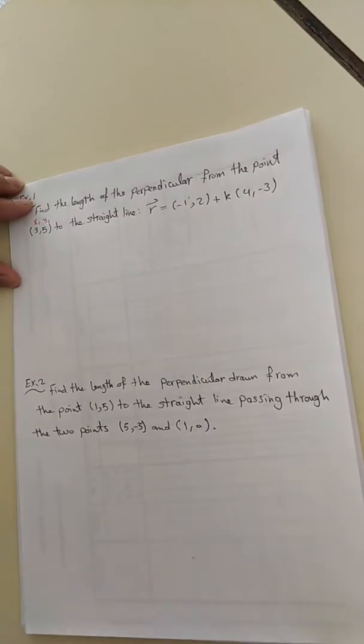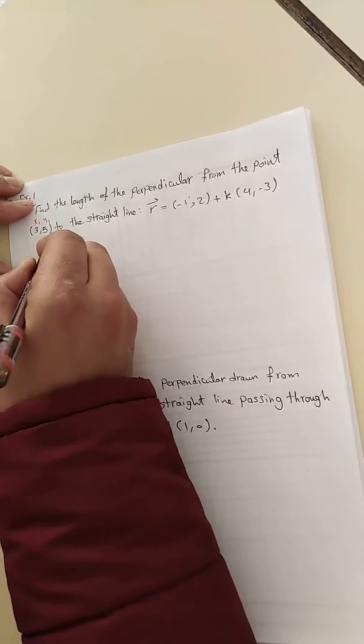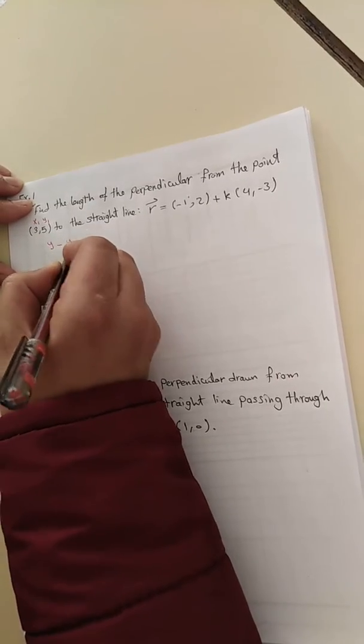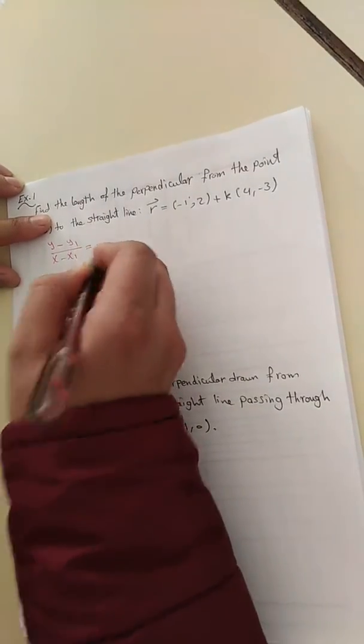We studied before that (y minus y1) over (x minus x1) equals the slope m.